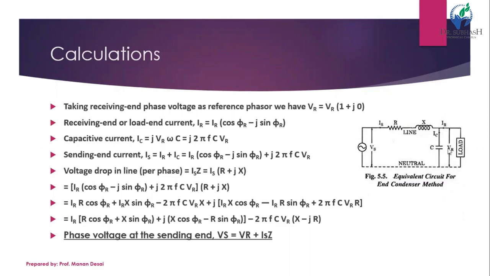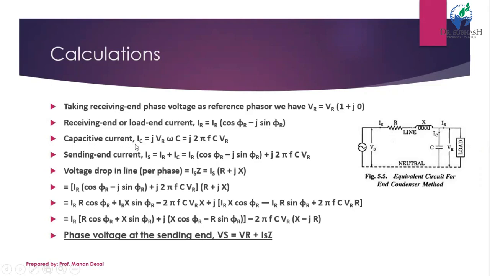So VR is equal to VR plus j0, with VR taken as the reference phasor. The load current IR is IR cos phi R minus j IR sin phi R. So there are two parts, cos and sin: the active part and the imaginary part.